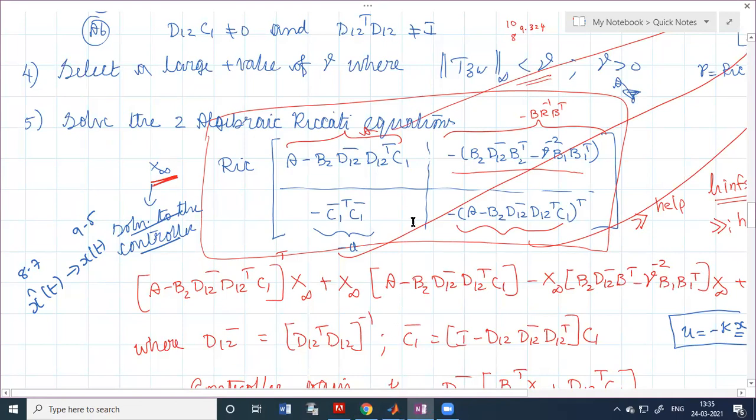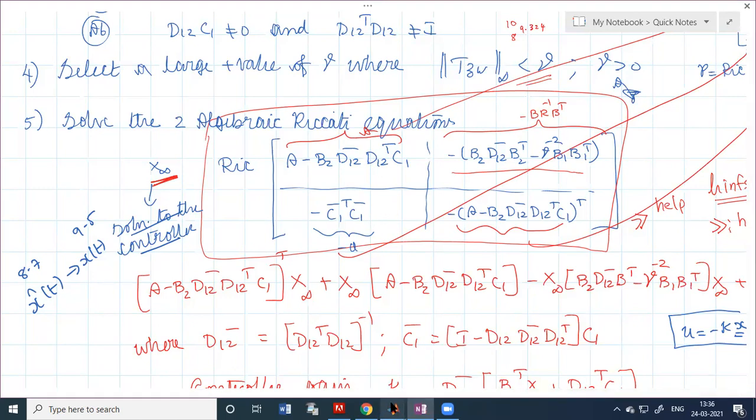See, it is easy to remember. In the packed form, this will be A, this is B, this is C, and this is D. This is the standard form of A, B, C, D matrices. When I say A matrix, it corresponds to this part. When I say B matrix, it means this thing. When I say C, it means this is the C.